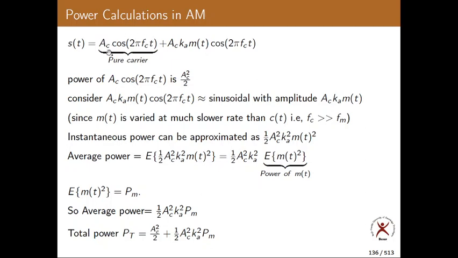The power of this is the power of the pure carrier, and the power of this term is the power in the sidebands. The power of the carrier is Ac²/2. The power of the sidebands is 1/2 Ac² Ka² Pm. What is the total transmitted power Pt? It is Ac²/2 plus 1/2 Ac² Ka² Pm.